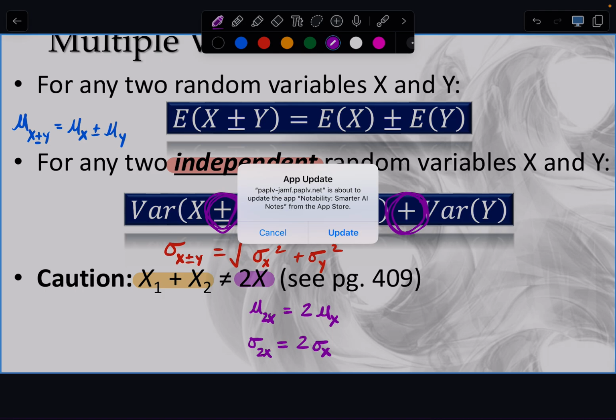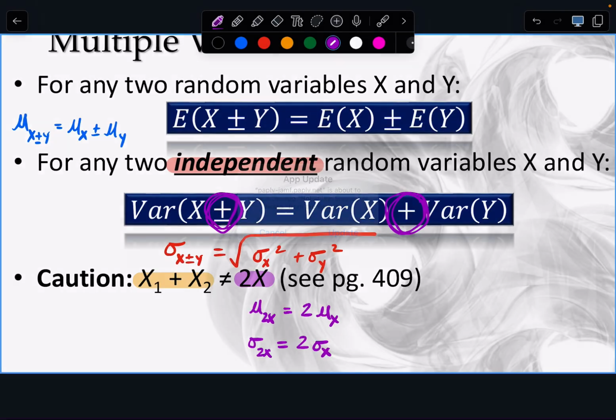On the left side, though, if I'm doing the mean of X1 plus X2, I'm taking the mean of X plus the mean of X. The means do end up being the same, but it's the standard deviation that's the problem.